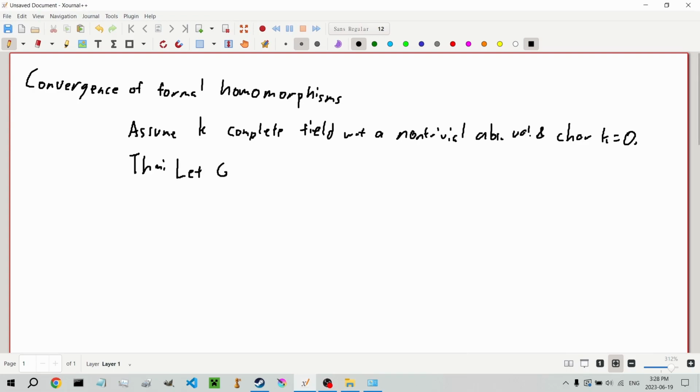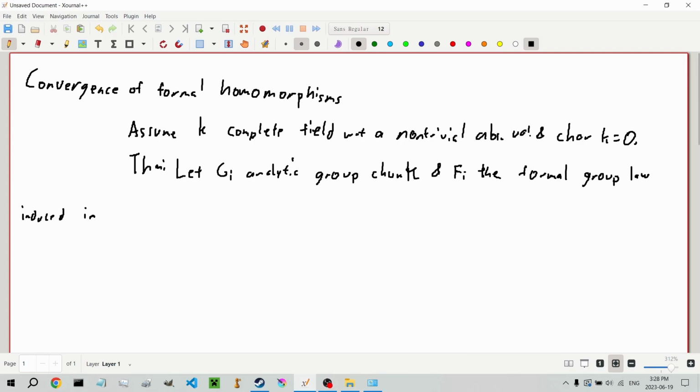We're going to have Gi, being G1 and G2, be an analytic group chunk, and Fi be the formal group law induced in K to the Ni by a chart Ci of Gi at its respective identity Ei.